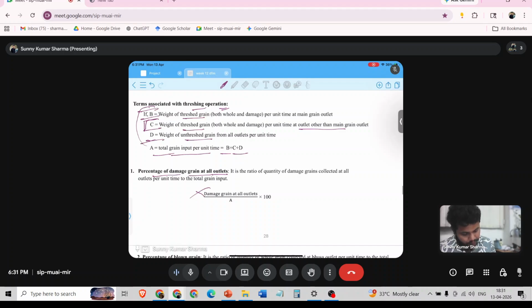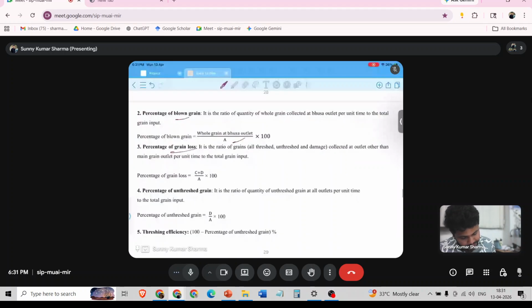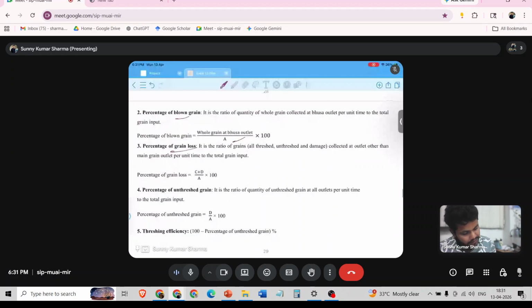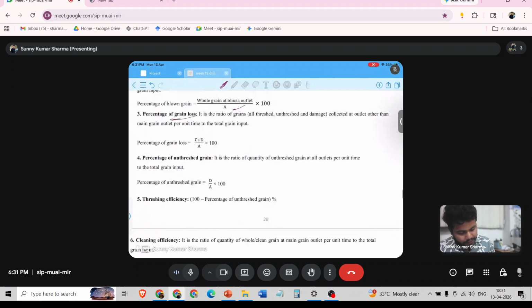Second thing is percentage of blown grain. So whole grain at Busa outlet by A. From here we can calculate blown grain, and percentage of grain loss. So grain loss is weight of threshed grain, like if it is not coming at main grain outlet and if it is unthreshed, then it is grain loss. So C plus D by A will be grain loss.